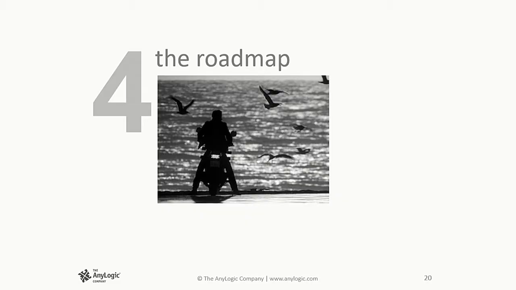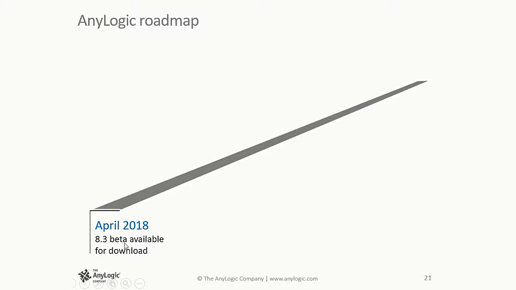Okay, and then the last slide is the roadmap. We will give you a pretty precise picture of what's going to happen in the nearest future, because I think this is important. So now it's April 2018, and 8.3 beta has been available for download since last Monday. So you can go to the website now and play with it.